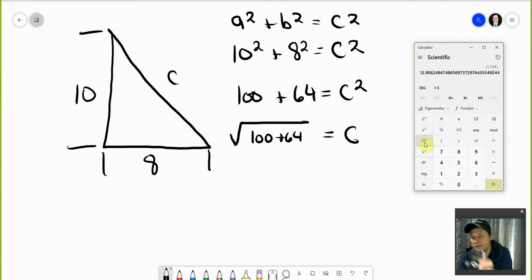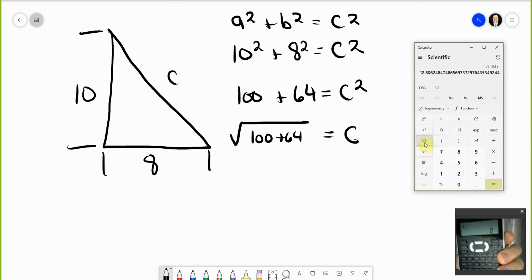So on your scientific calculator that you're going to use, probably, right? What you're going to do is type in, on mine, I have to access square root. Let me just see if I can get the reflection off the screen here. There it is. You see square root up in the upper corner there.